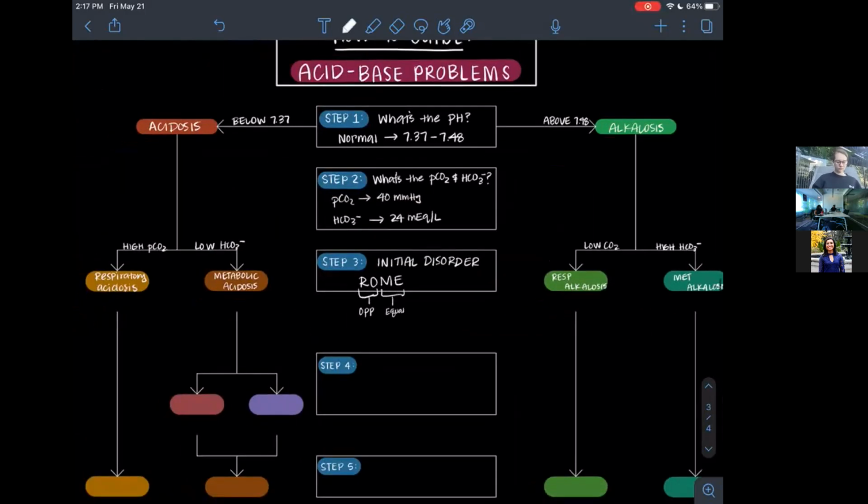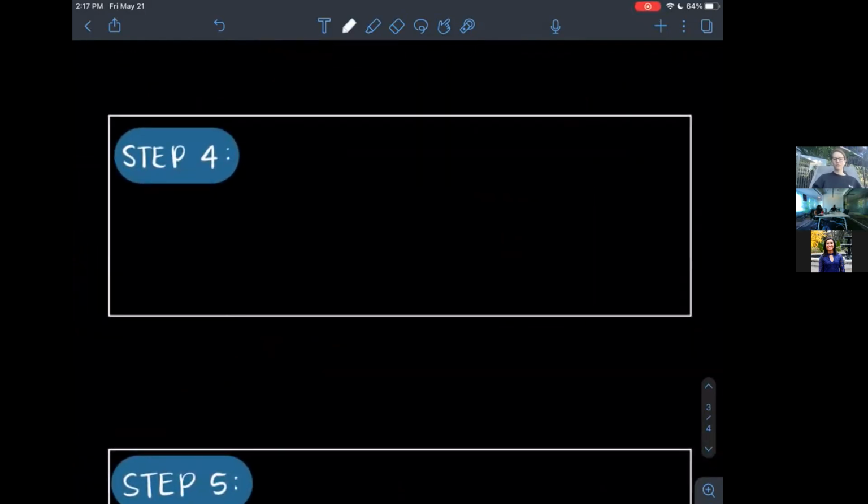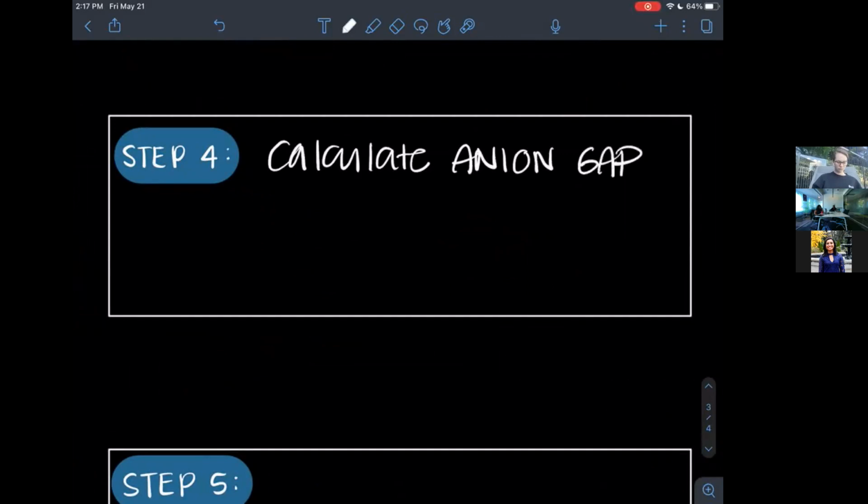Cool. One thing that we're going to do here is, let's say we have a metabolic acidosis, you are going to calculate the anion gap. Sometimes you won't have to, like sometimes the question or the situation will be obvious enough.